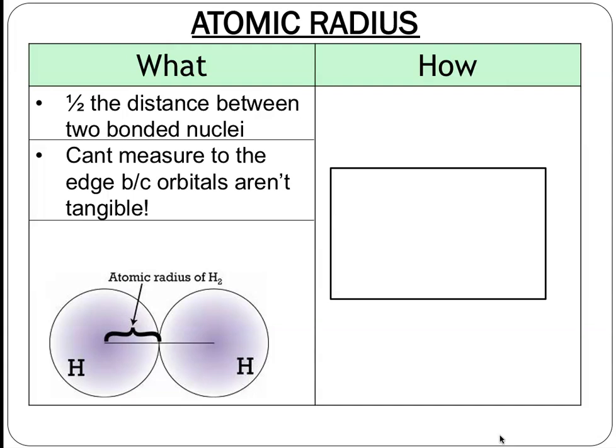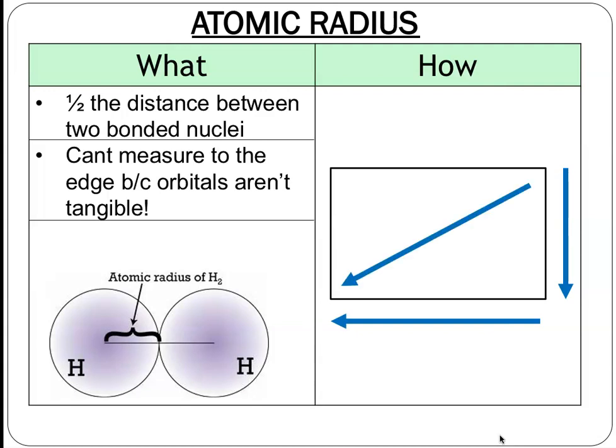Right. The how. Well, the box to the right is representing a periodic table. So we know the radius is going to increase as we go down a group. We know the radius is also going to increase from right to left. So ultimately it has this type of arrow right smack dab in the center that we are going to increase towards the lower left-hand column.